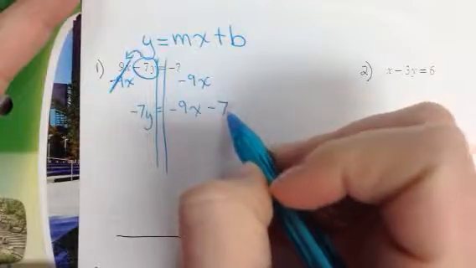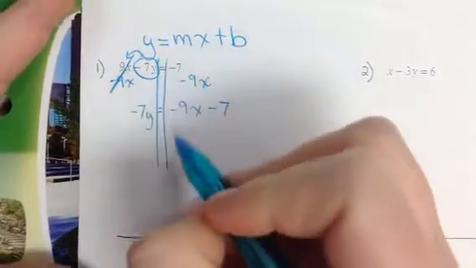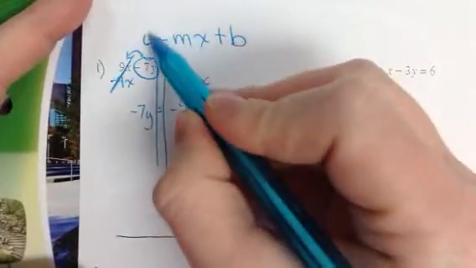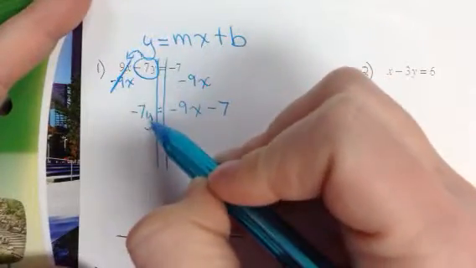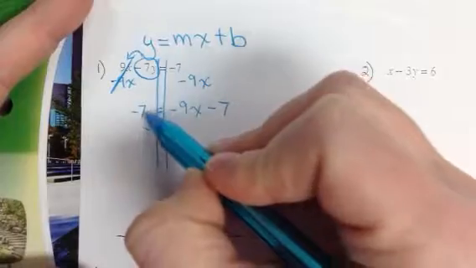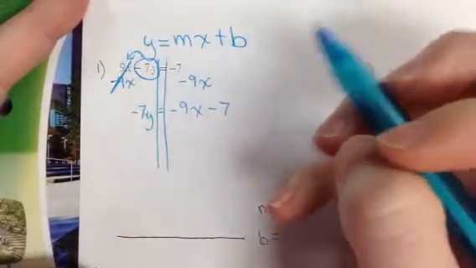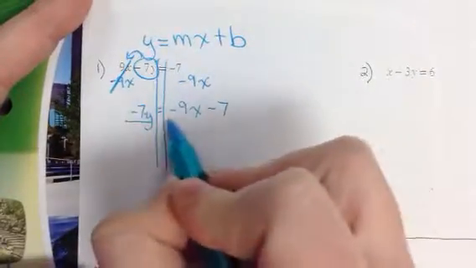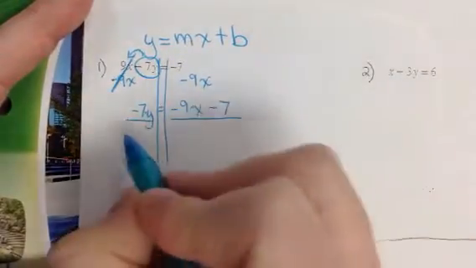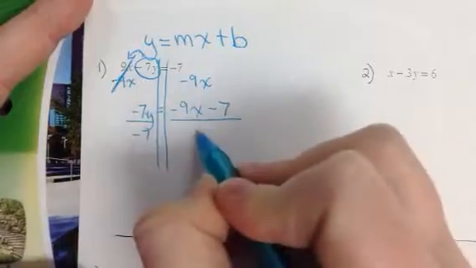It doesn't have a variable back here. The next thing that I see is that in the one that I want, it only has the variable y, but right now I have -7 times y. So I'm going to isolate the y by dividing both sides of the equation by -7.